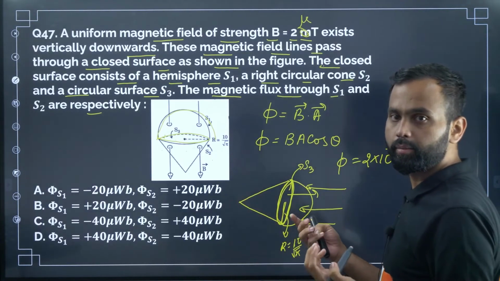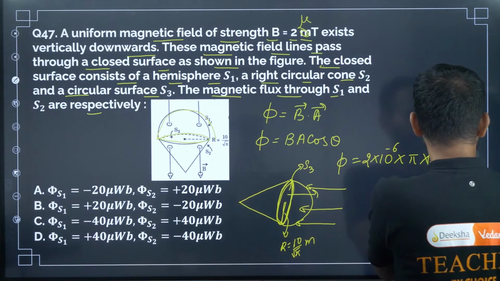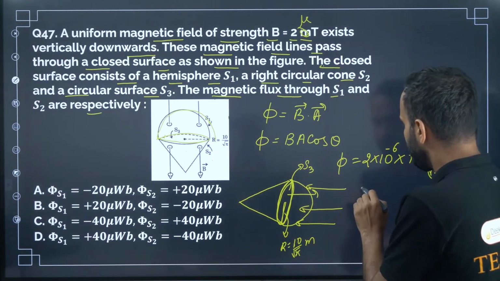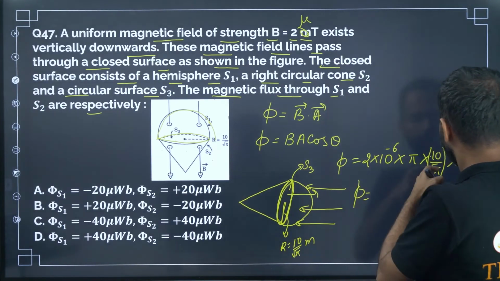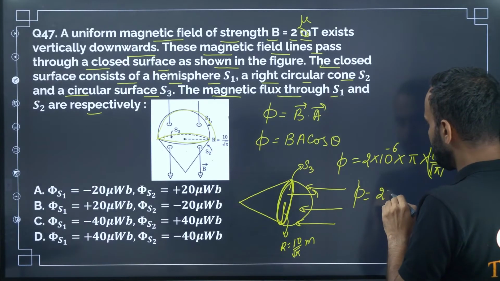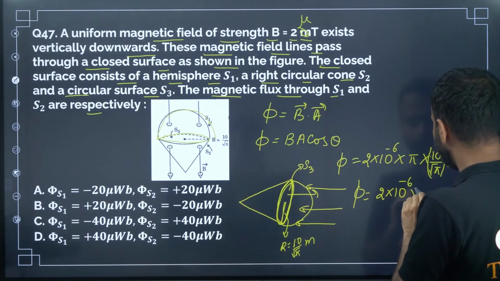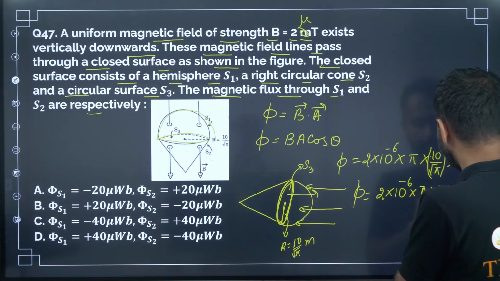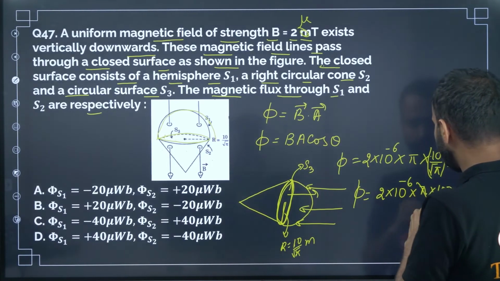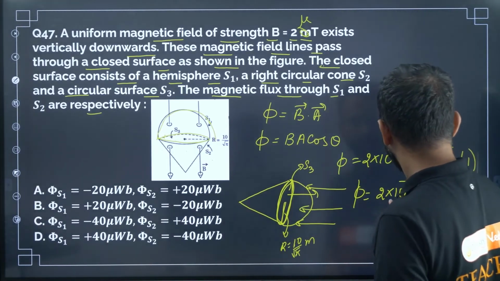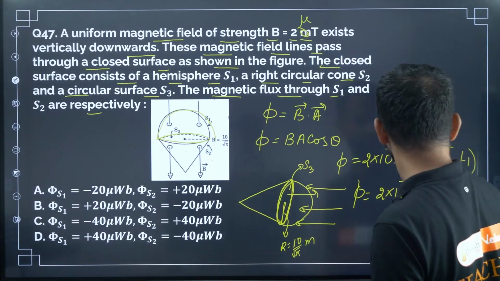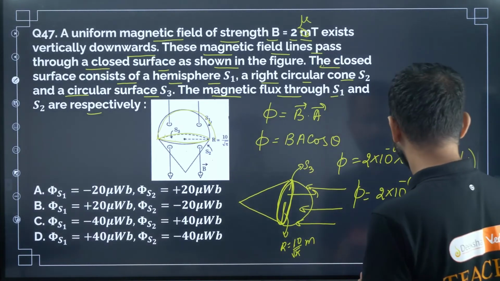Theta is 180 degrees, so this will be minus 1. Cos 180 degrees is minus 1. So phi equal to 2 into 10 to the power minus 6 into pi into 100 divided by pi. Pi gets cancelled, and 100 into 10 to the power minus 6 is 10 to the power minus 4.